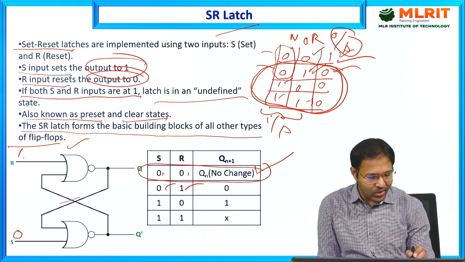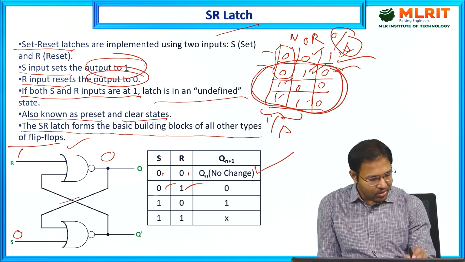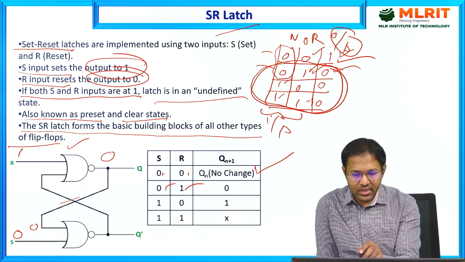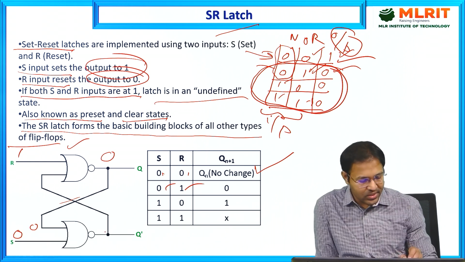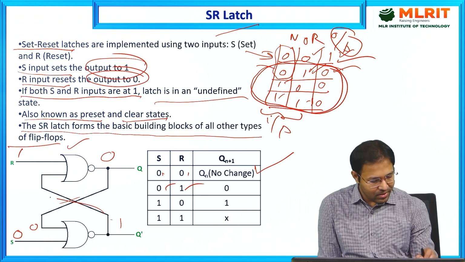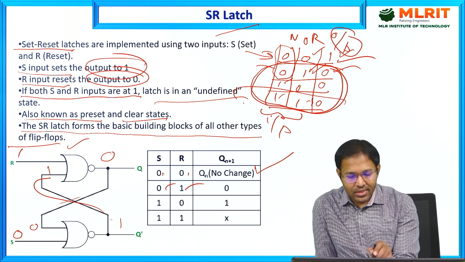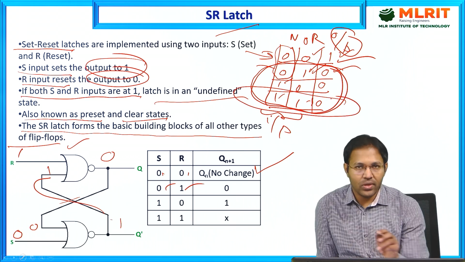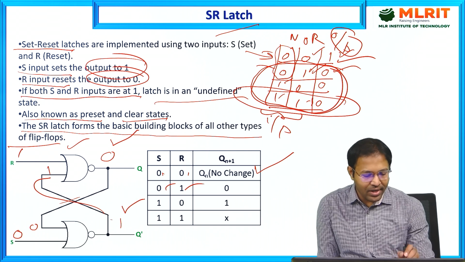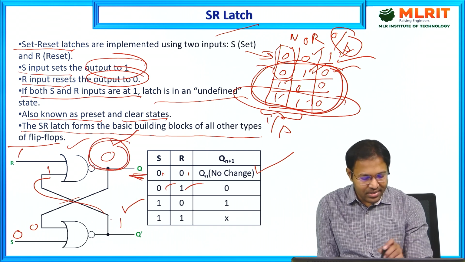So, here we are going to get a 0, and because we have a 0 here, 0, 0 is going to give us, as the first row tells us, 1. And 1, 1 here, as per the last row in the truth table, 1, 1 is going to give us 0. So, 0 and 1 are maintained and the output will remain in the 0 state.